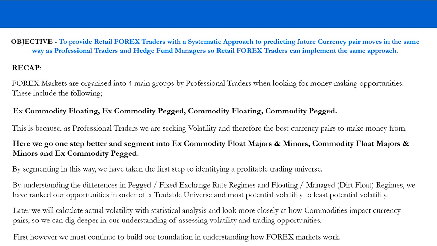And understanding the differences, as we have done in this video, between pegged or fixed exchange rate regimes and floating or managed dirty float regimes, we've ranked our opportunities in order of a tradable universe, and we've also ranked them potentially in a way that creates a most volatile to least volatile ranking in the set.